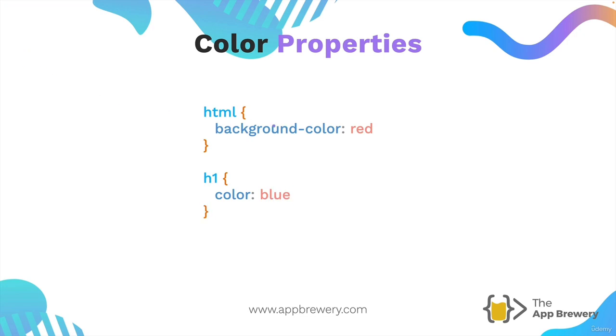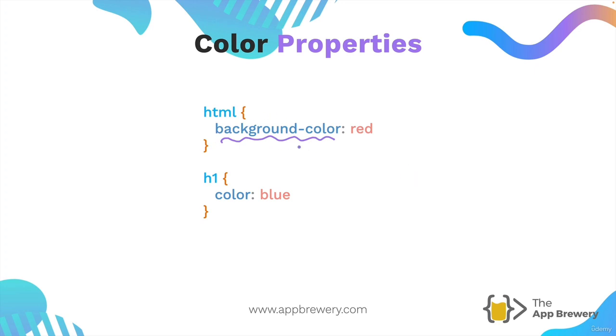I've shown you how you can set the background color of a particular HTML element by using the background-color property. And previously we've been setting it to basic colors like red or blue or green.